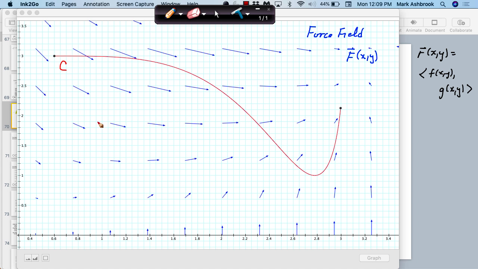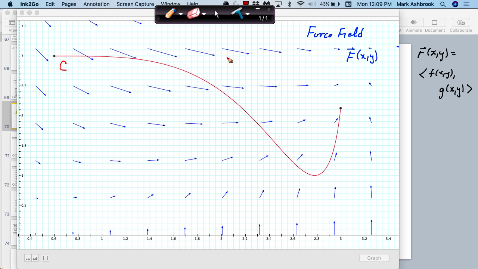Think about maybe this is a wind field, okay? At every location there's some magnitude and direction of wind. And this is like the road, and we're in a car, and we're going to drive the road through this wind field, okay? And as we drive, the wind field will help or hinder the effort of the car, right?